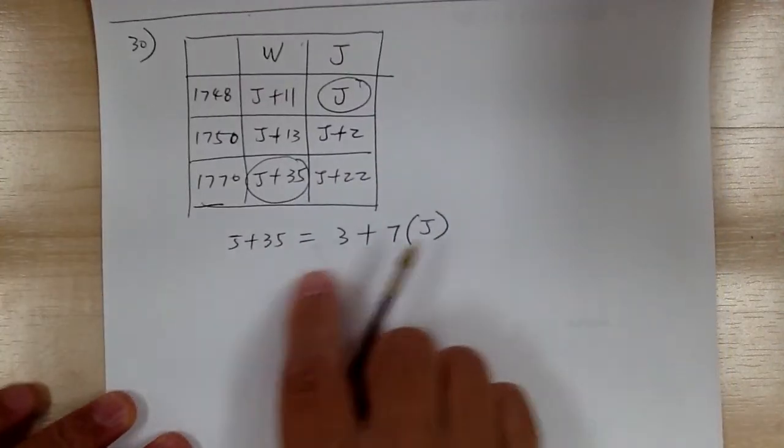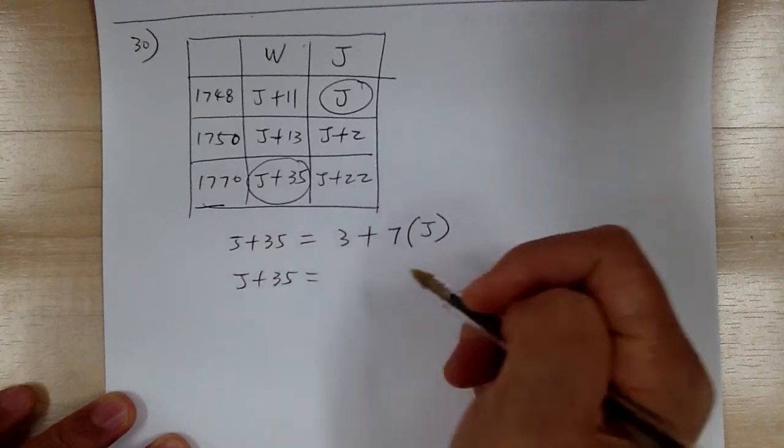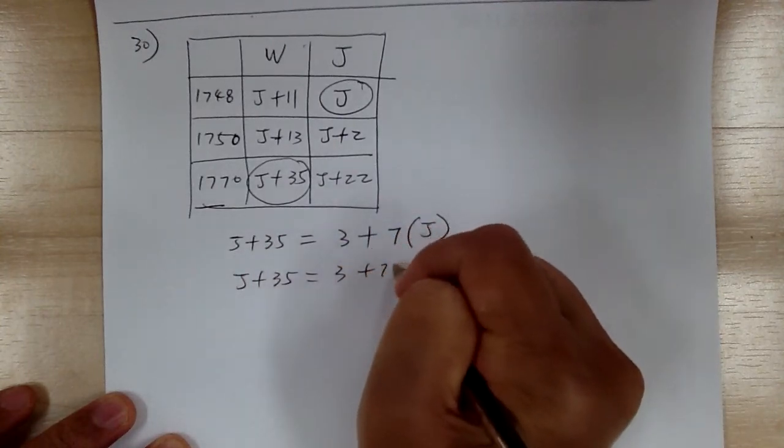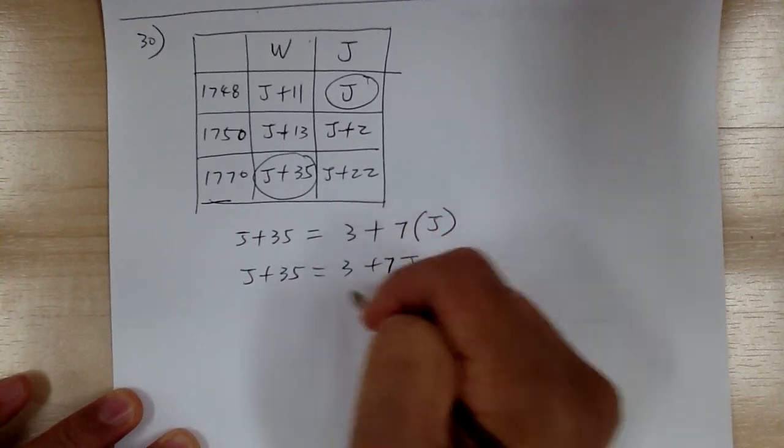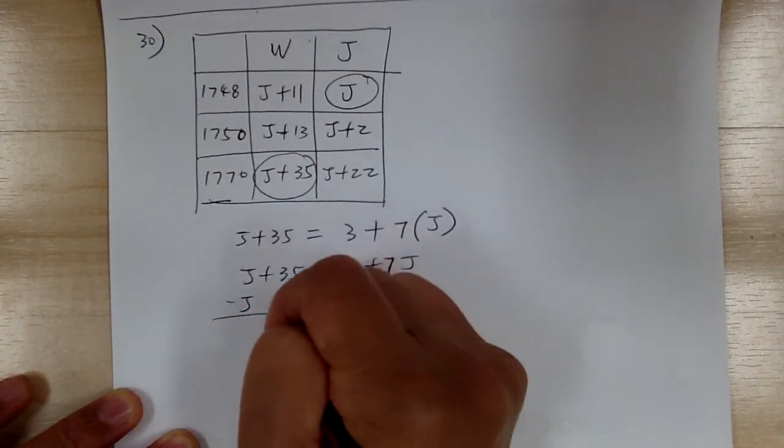After that, all you have to do is solve. So you got J plus 35 equal to 3 plus 7J. I'm going to minus J on each side and minus 3 on each side.